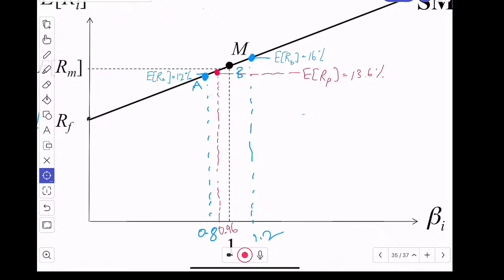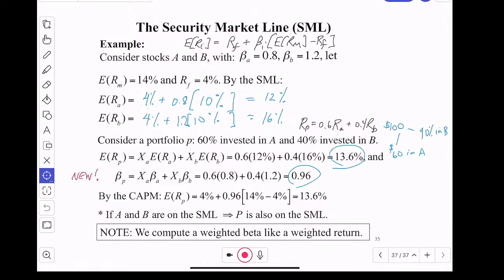For now, it should be on the line and between these two, A and B. And we invested more in A than in B, and that's why we're closer to A. Right? 60% in A. All right, so we've done that now with the portfolio using the weighted average and the weighted beta to get return and risk, but we could have also used the CAPM.